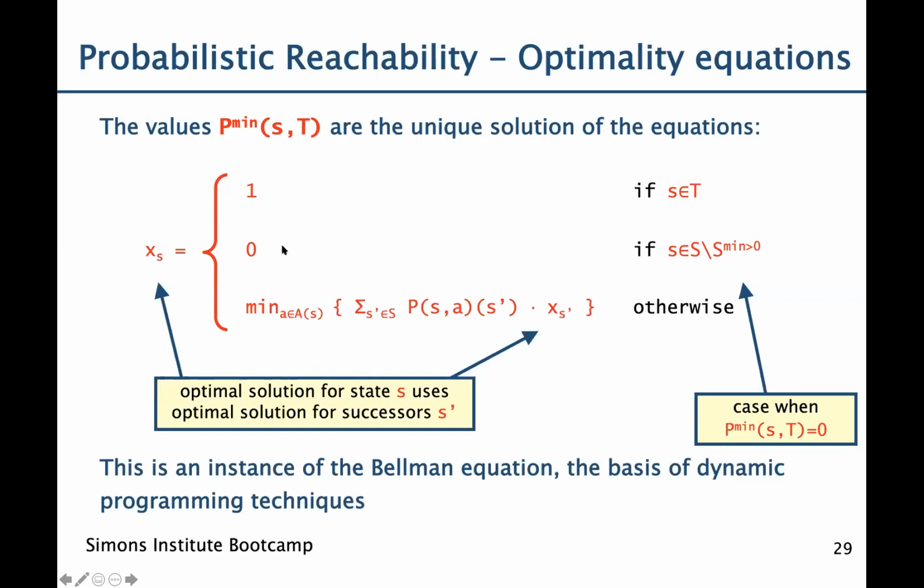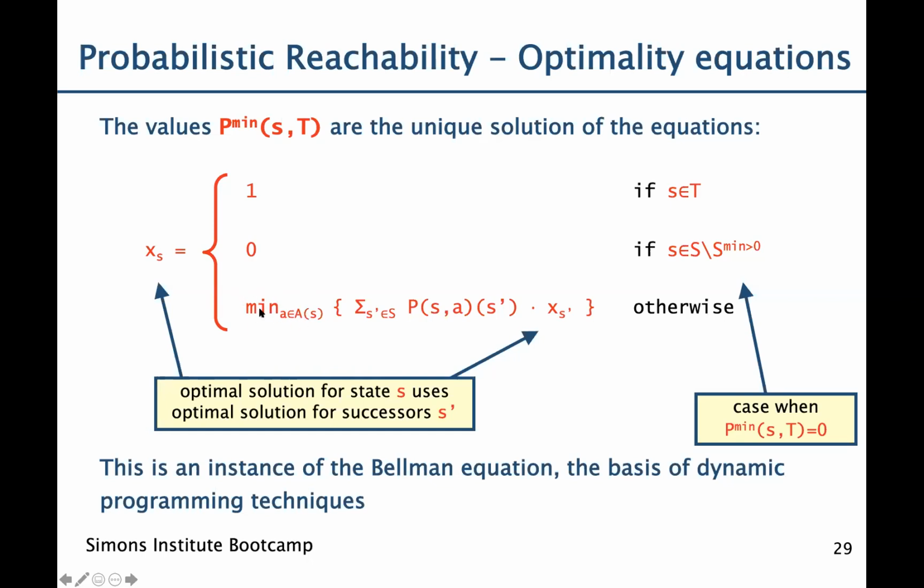If P min is not greater than 0, therefore it's equal to 0, we set it equal to 0, and otherwise it's defined recursively based on the successor states.